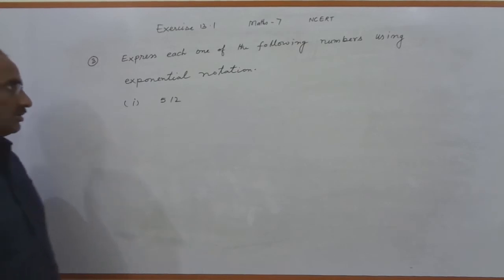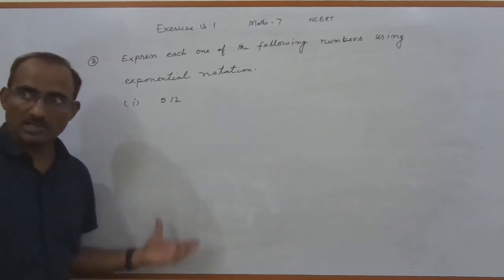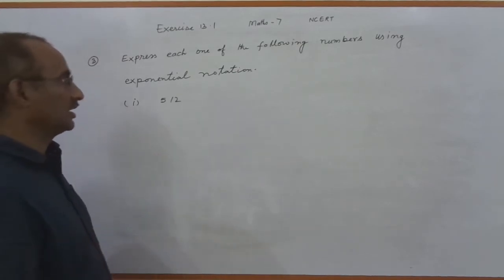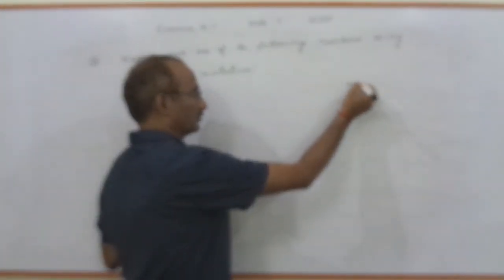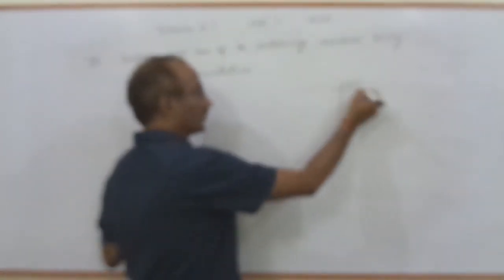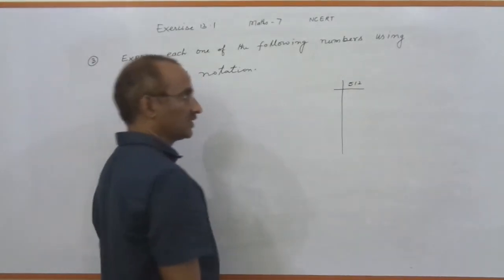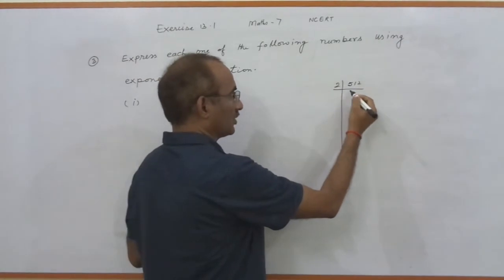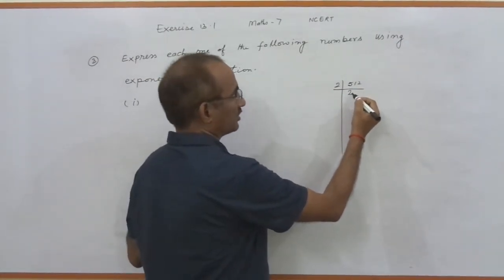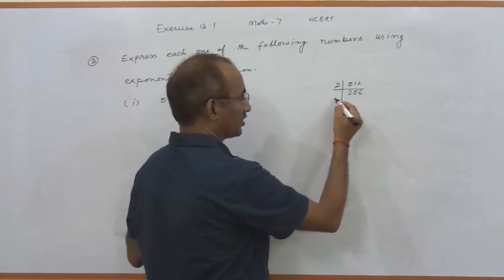First of all, we have to find the prime factors of 512. Here at the unit place we have 2, so it is divisible by 2.